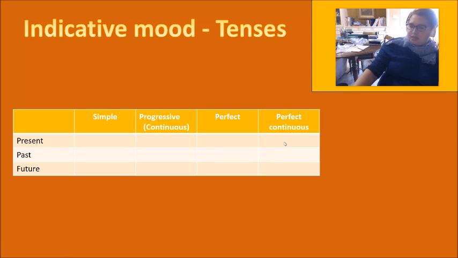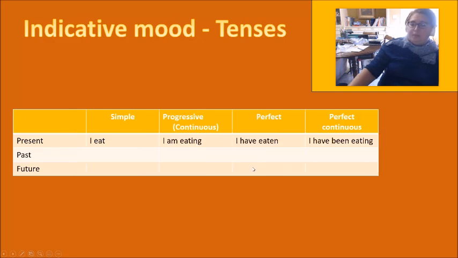That's for present tenses. Again, it's absolutely the same with the past. We can have the past simple, past progressive, past perfect, past perfect continuous, and simple future, future continuous, future perfect, and future perfect continuous.